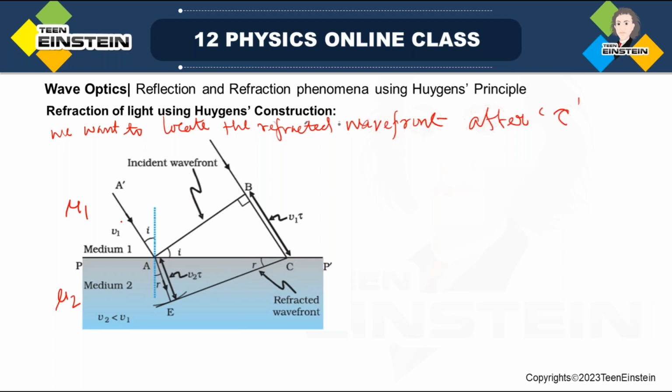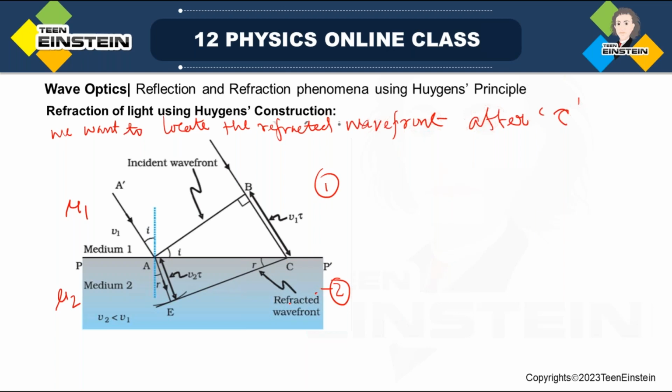Since these two media have different refractive indices, the wave must have different speeds in the different media. This is medium 1, and this is medium 2.